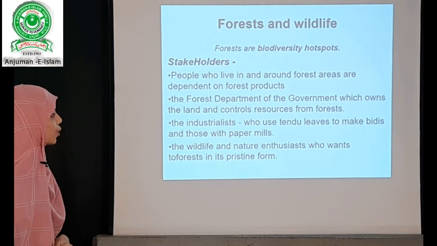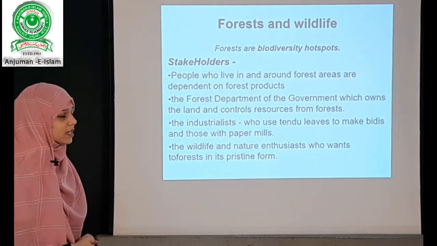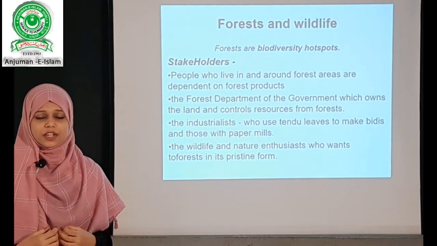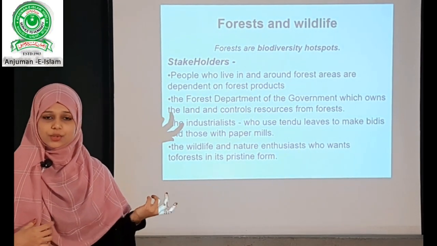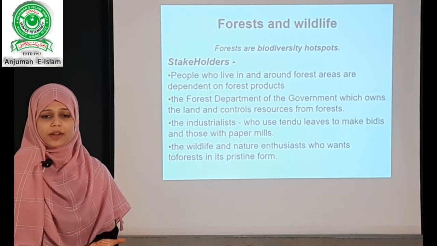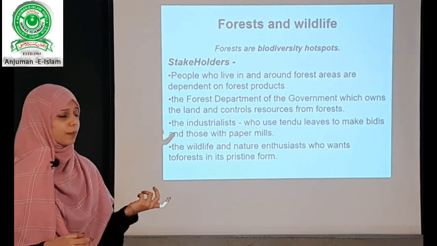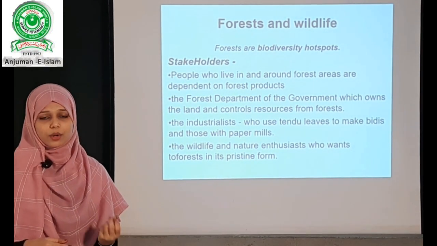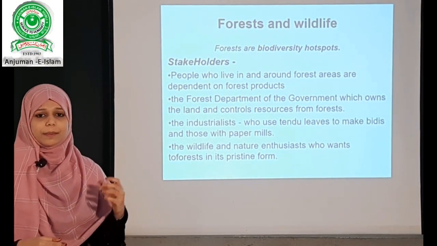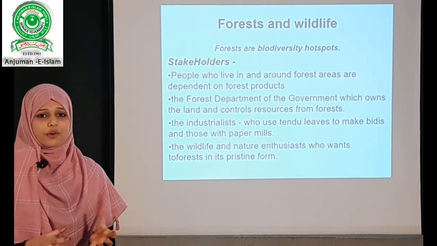The industrialists who use tendu leaves to make beedis, and those with paper mills. So the industrialists are using the forest produce. For example, paper mills. What do you need for paper, right? That is coming from the forest. Again, the tendu leaves are used to make beedis, for tobacco and so on. These industrialists are dependent on the forest for their produce.